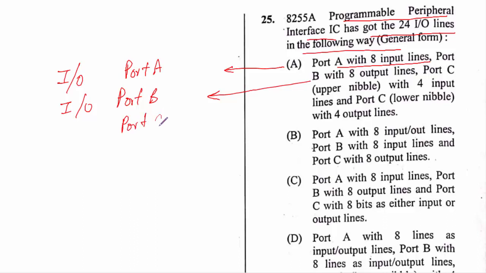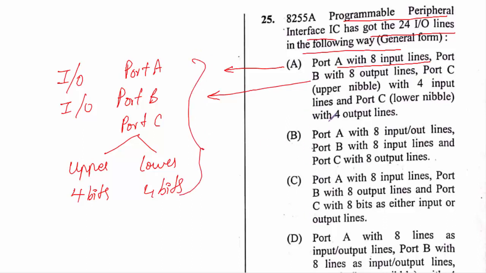Port C, you can split as port C upper and port C lower based on nibble. Upper 4 bits you are going to take, and lower 4 bits you are going to take. So based on this, you have to choose the correct one.